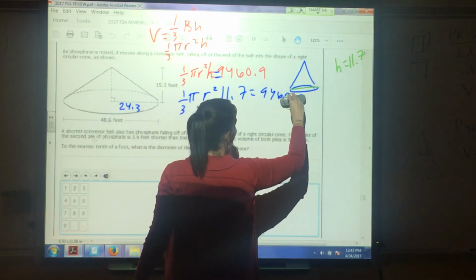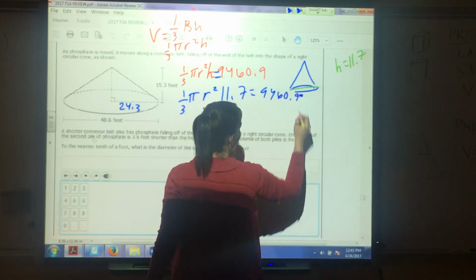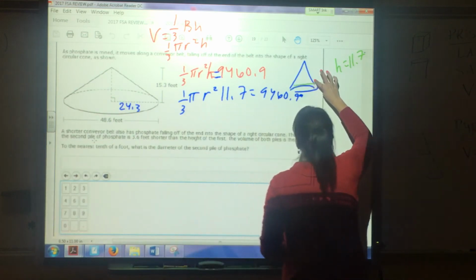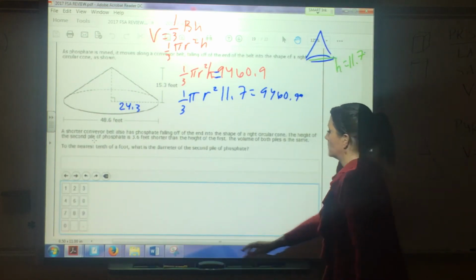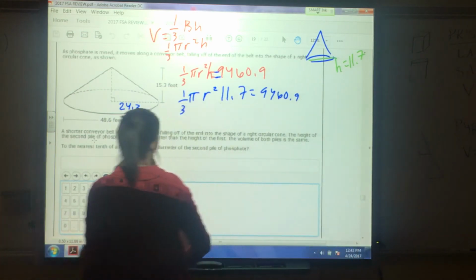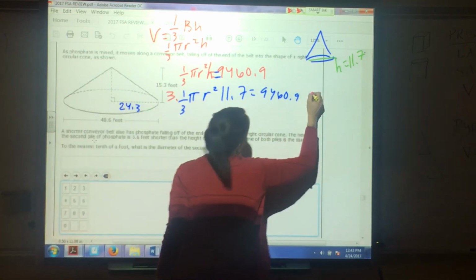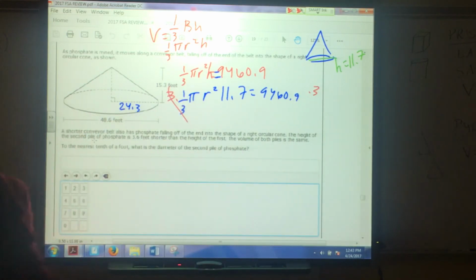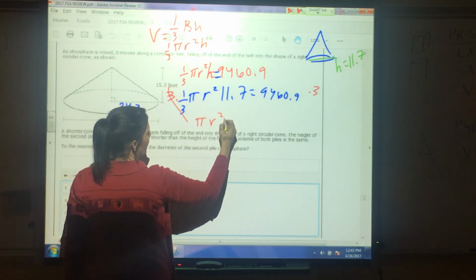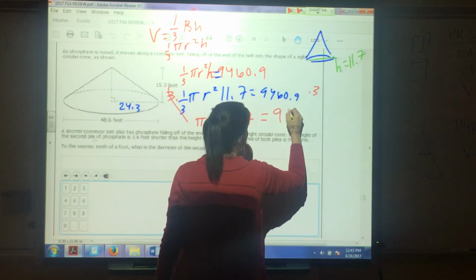Now we're going to solve for r. So to do that, the first thing we want to do is clear our fractions. We multiply everything by 3. We're going to be left with pi r squared times 11.7 is equal to 9460.9 times 3.